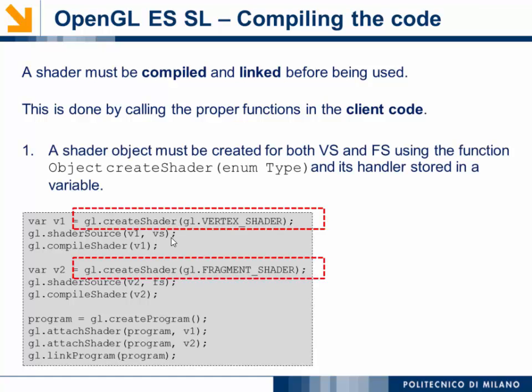First of all, we have gl.createShader, which allocates, again on the GPU memory, a buffer which can contain the code for either a vertex or a fragment shader. The only enumerators that work are VERTEX_SHADER and FRAGMENT_SHADER.